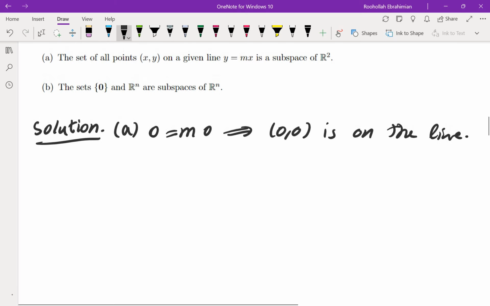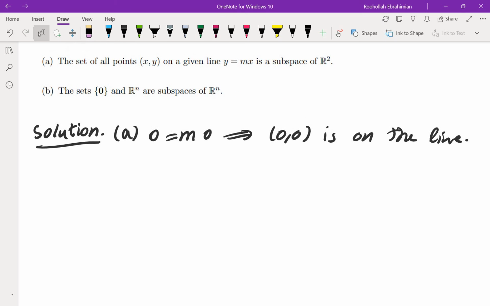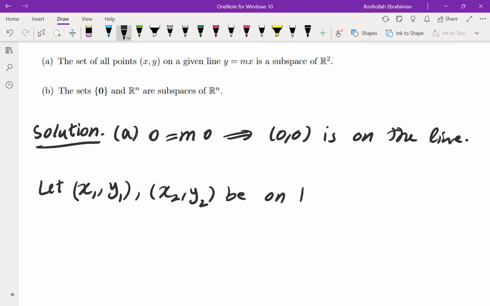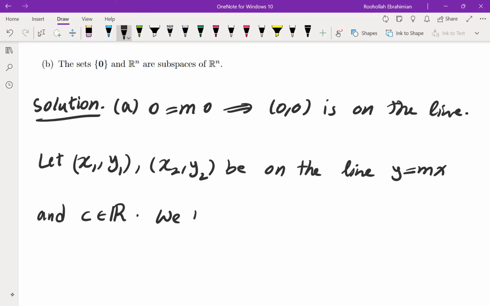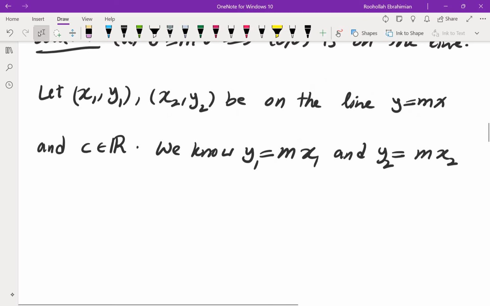Then I need to show if two things are on the line, the sum is on the line, and the scalar multiple is on the line. Let (x1, y1) and (x2, y2) be on the line y equals mx, and c be some scalar. Since these are on the line, we know that y1 is m times x1 and y2 is m times x2, because they satisfy the equation of the line.